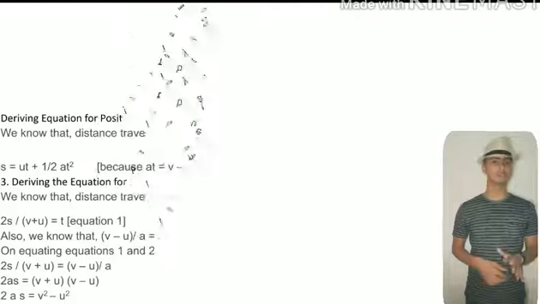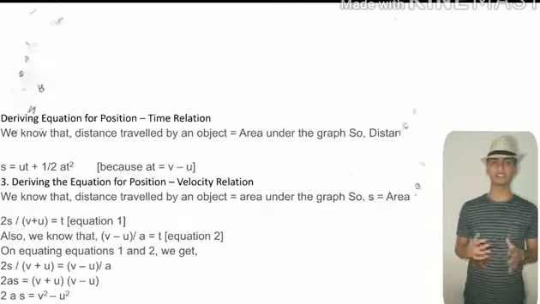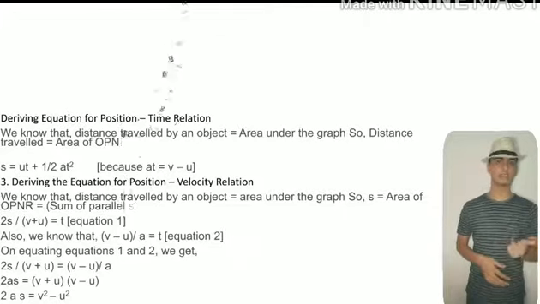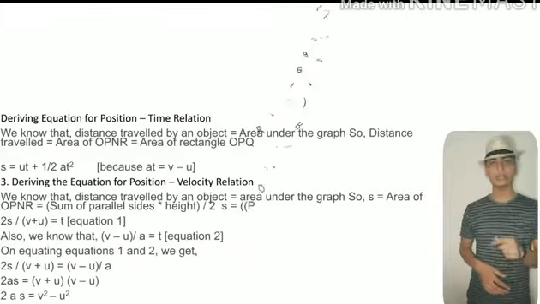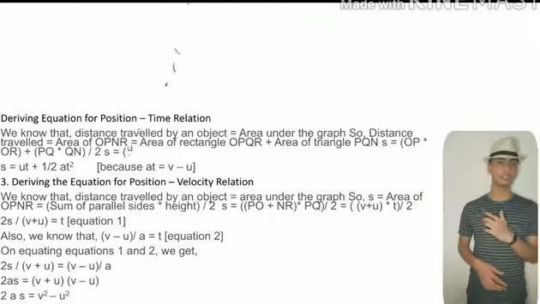Now deriving the second equation, for the position-time relation, we know that the distance traveled by an object is the area under the graph. So the distance traveled, the area of OPNR, equals the area of rectangle OPQR plus the area of triangle PQN.